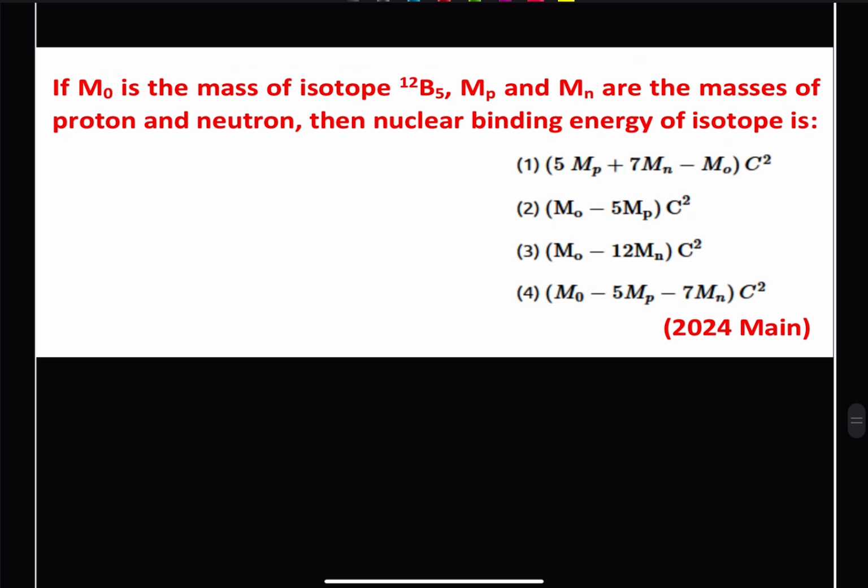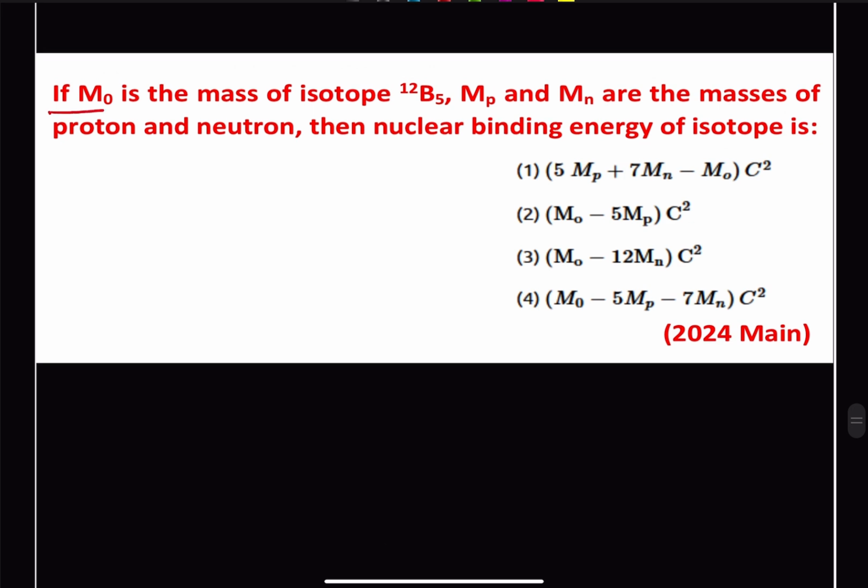It states that if M0 is the mass of isotope B12 and Mp and Mn are the masses of proton and neutron, then the nuclear binding energy of the isotope is. So we are going to use mass defect, and based on this we can find out the binding energy, because we already know the relationship: mass defect is equal to binding energy divided by C square.